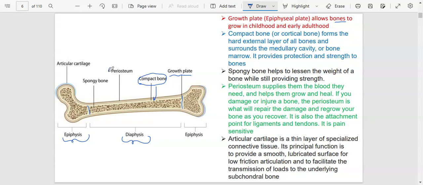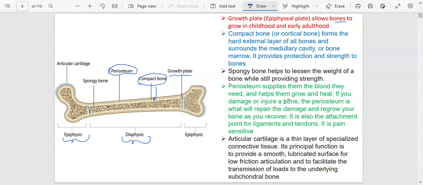We also have this outside part, which is the periosteum. What is its function? It supplies the bone with blood. The periosteum supplies the blood the bones need and helps them to grow and heal. That outside part.